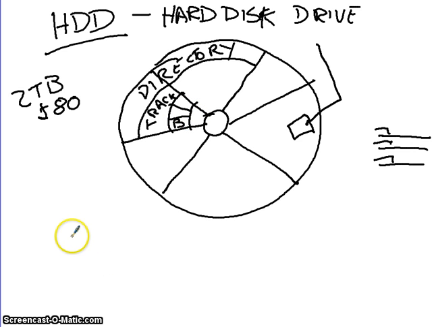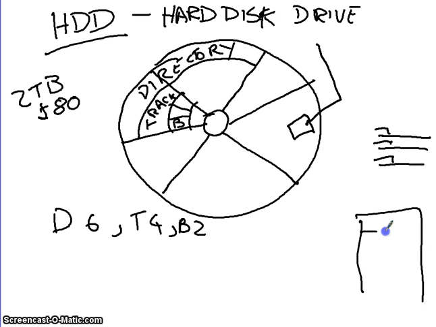So when I want to find something, I go to D6, track 4, block 2. And it finds the almost exact place where your stuff is stored. That makes it pretty fast, as long as your hard drive keeps a reference of where everything is.